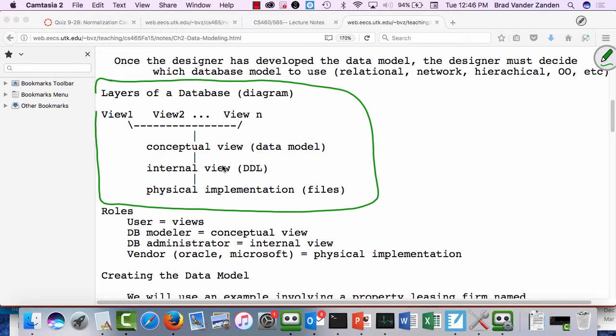Then we moved into chapter 7 and talked about the internal view, which is the DDL, how you set up the database using the data definition language, and you establish the relations. And as part of that, you can also create views with the data definition language.